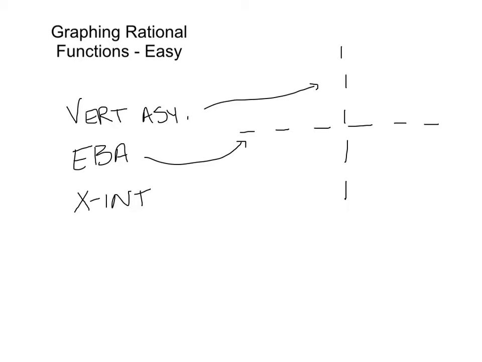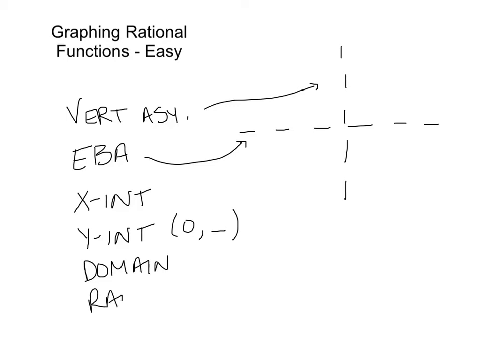We'll also look at the y-intercept. Basically, you just plug in a 0 for the x and you find what that y value is. And then we're also going to look at domain and range. We're going to use interval notation to write the domain and range, so be sure you remember interval notation from some of the earlier things.